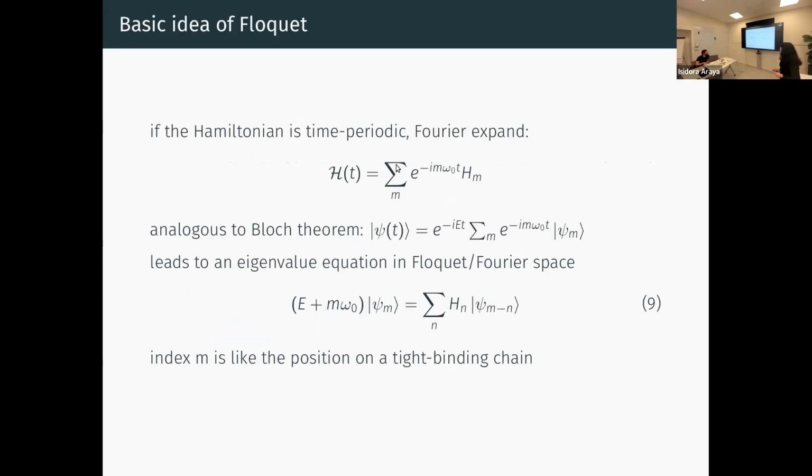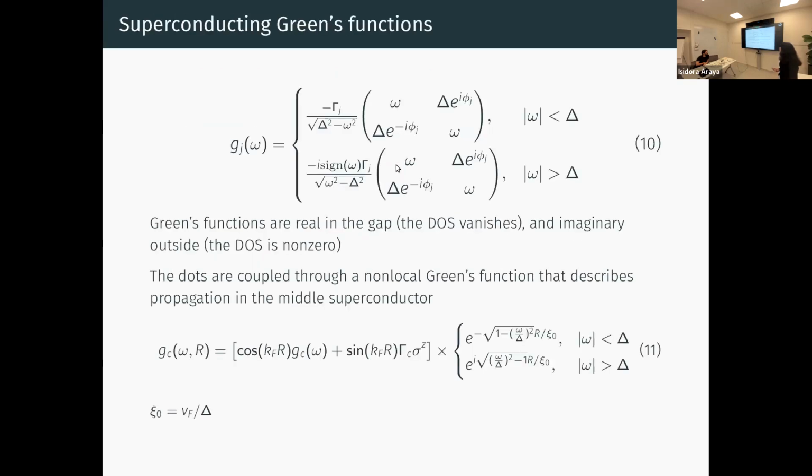If one looks at our Green's function, once you are above the gap, you have an imaginary contribution. I don't know if that's the question actually.